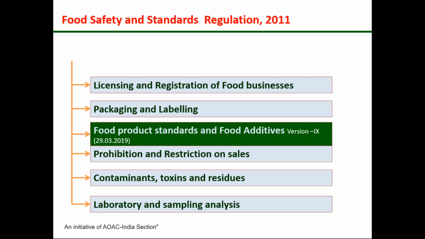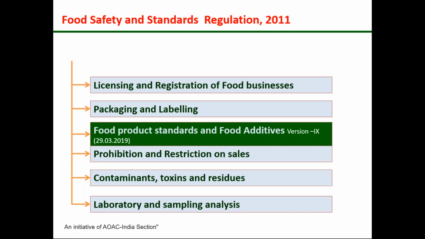And on the FSSAI website, you will see it is version 9 updated on 29th of March 2019. So today I will go through the standards and food additives, and also prohibition, restriction on sales, contaminants, toxins and residues, which is a very small portion of the Act.